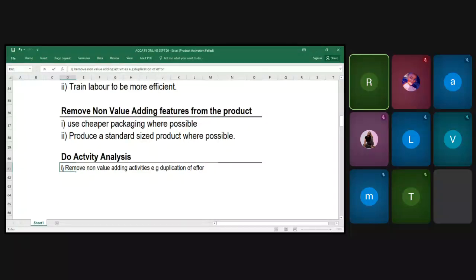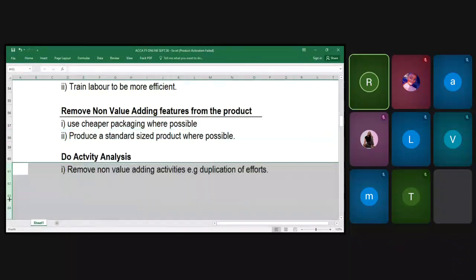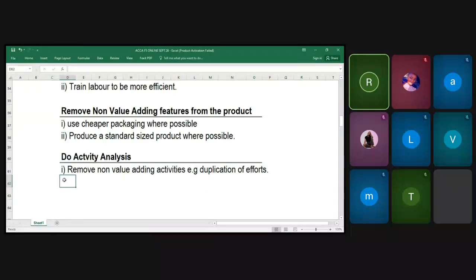We can remove that if it is in existence. We are just trying to close a gap of 70 cents.